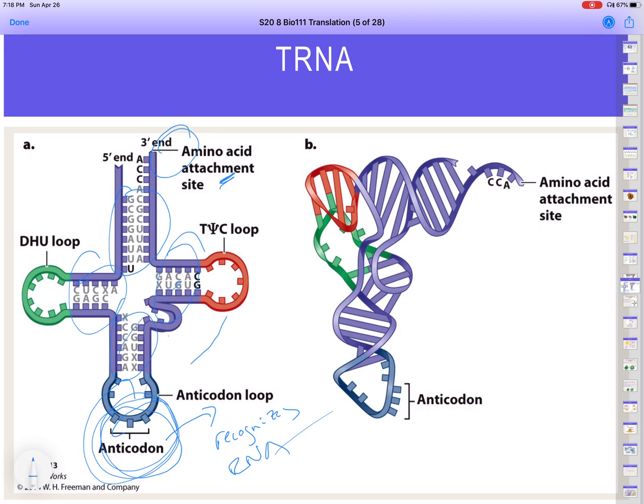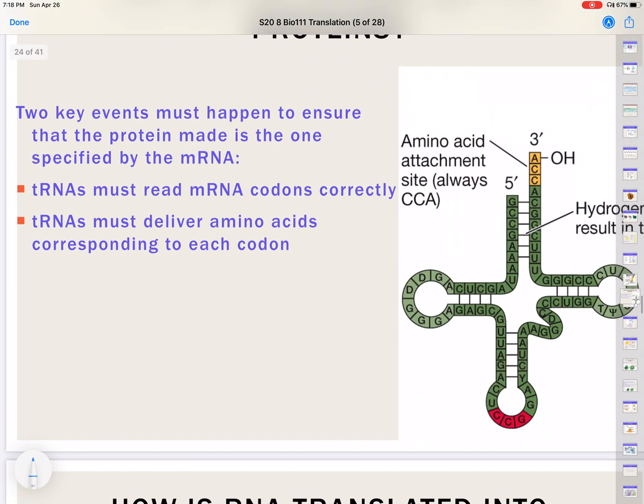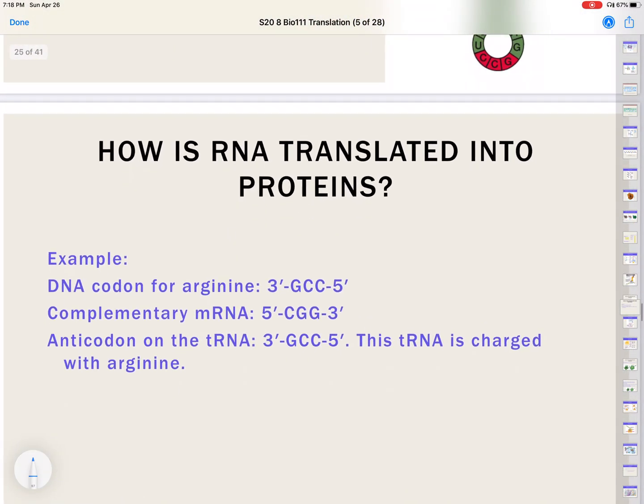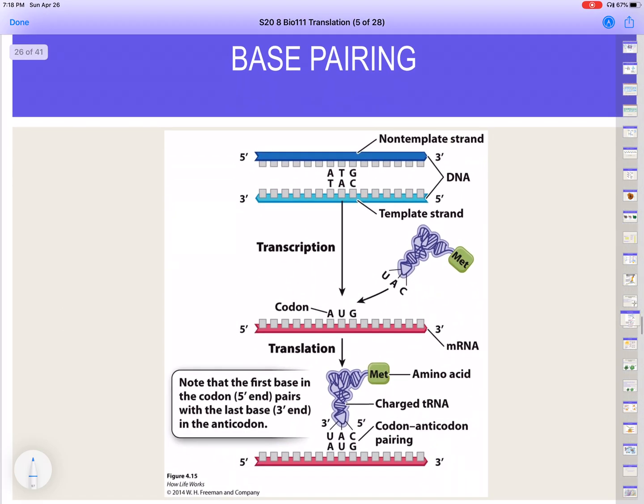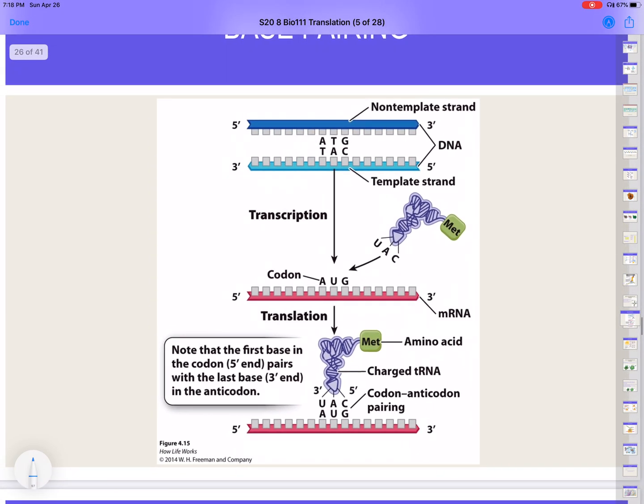So this is how it looks spread out, and this is what it actually looks like in three-dimensional space. And so again, this anticodon binds to the codon and then allows for things to start.